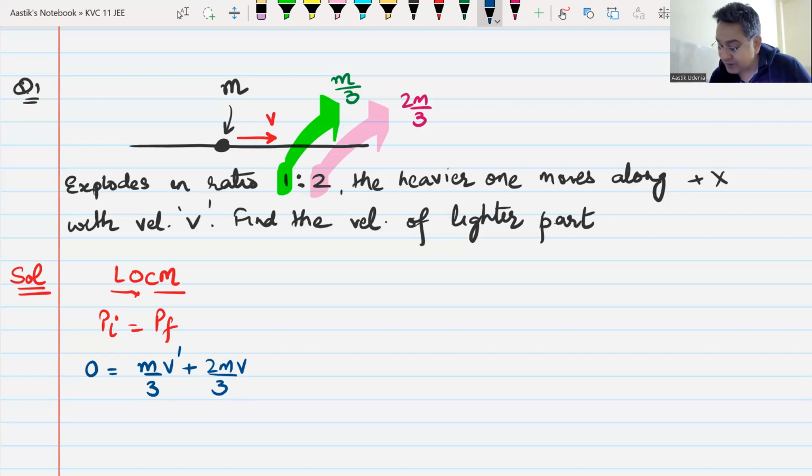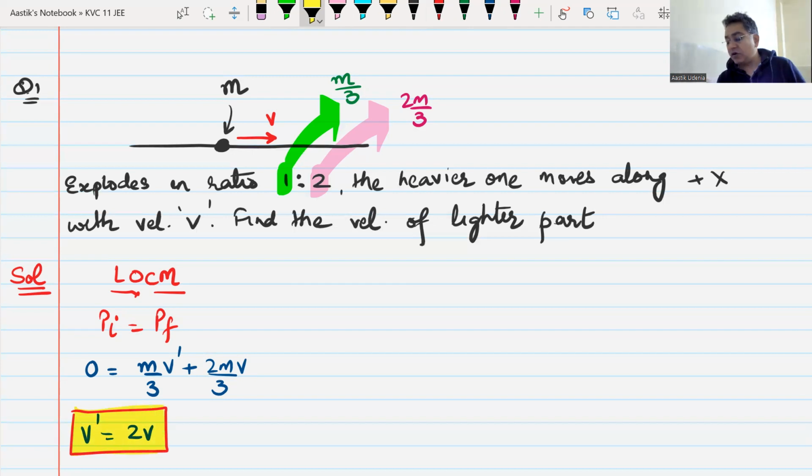From here, you can find out the value of V dash. V dash will be coming as 2 times of V, and that is the answer that I was expecting. So we have found out this question with the concept of law of conservation of momentum. Do we see this? Do we understand what I have done here?